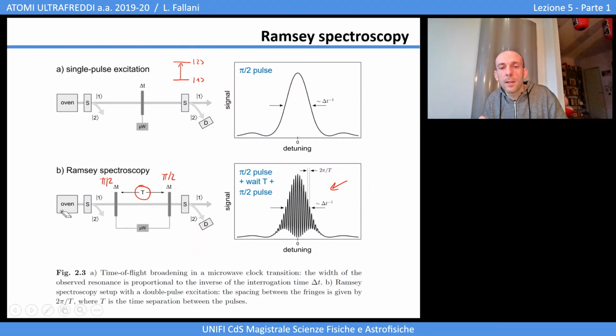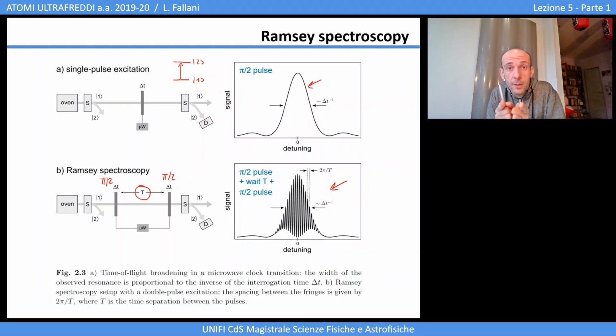More or less, it is reminiscent of the excitation from the single pulse, in the sense that there is an envelope that resembles the envelope of a single pulse, as you can see here, with a width that is given by the transit time in the single excitation region, delta t. But you see here that this spectrum features some fringes.